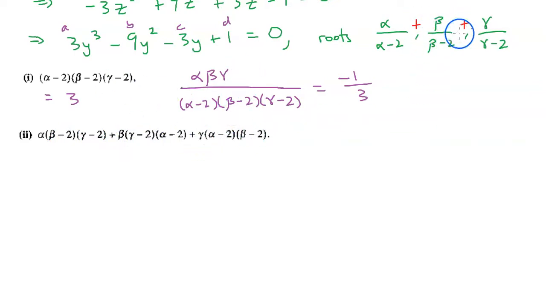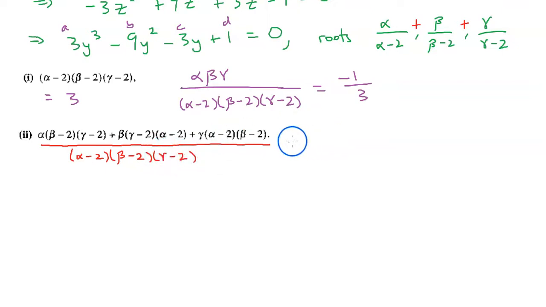So adding these roots together is equal to this thing divided by alpha minus 2 times beta minus 2 times gamma minus 2. So this is equal to the sum of the roots.